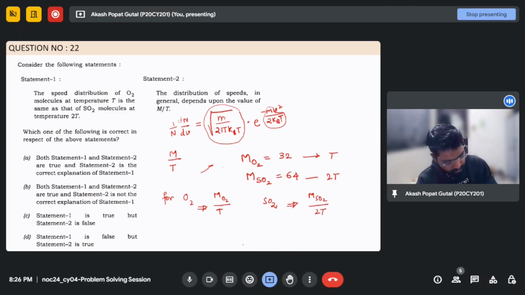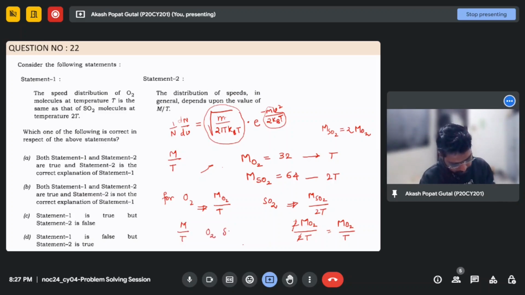We know M_SO2 is equal to 2 times M_O2. So 2 M_O2 divided by 2T will be the same as the m by T value for O2. So the m by T values for both gases O2 and SO2 are the same, so their distribution is also the same.